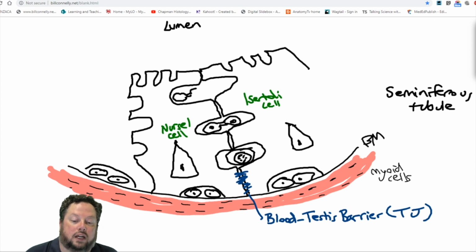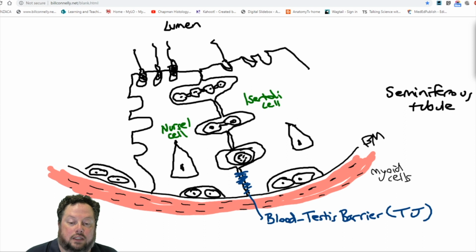Over here we'd have our round spermatids, and then over here we've got our sperm with their tails poking out into the lumen. I'm just going to draw these quickly because I think you can get the idea.